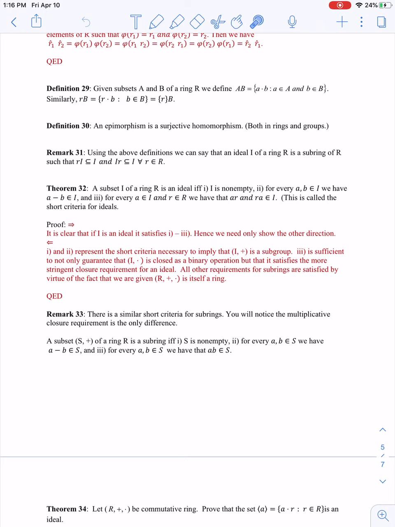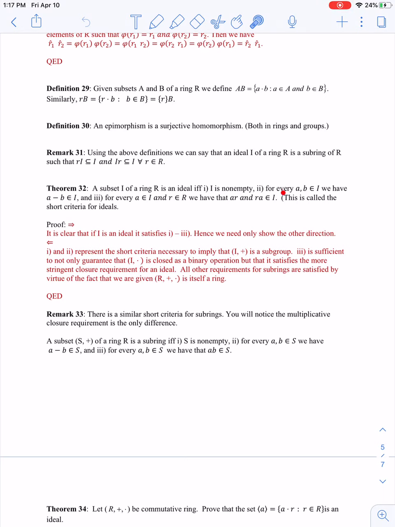All right, so this little theorem proves that this short criteria is enough. Let's go this direction. First off, I claim that if it's an ideal, it automatically satisfies these three things. So I really need to prove only that if it satisfies these three things, it's got to be an ideal. Well, remember that an ideal is a subset of R, so I have all those little properties of associativity and distributivity and stuff like that. That carries over.